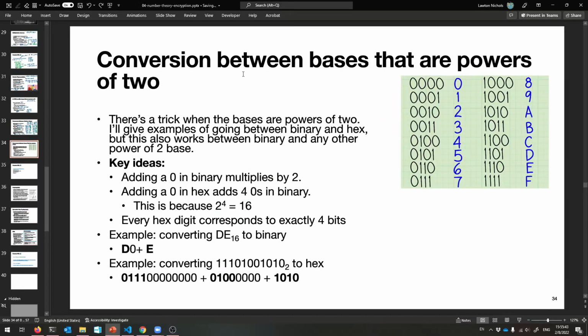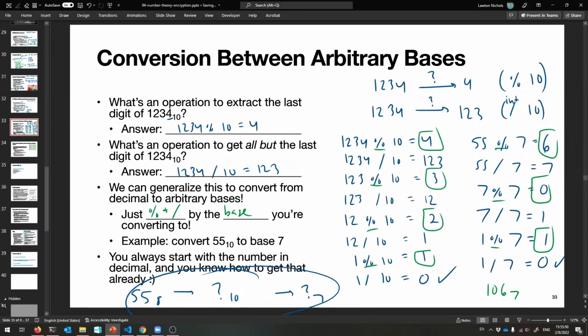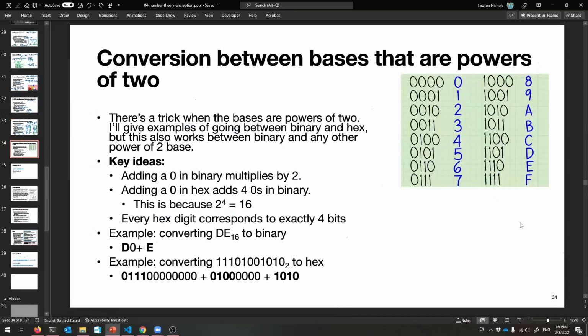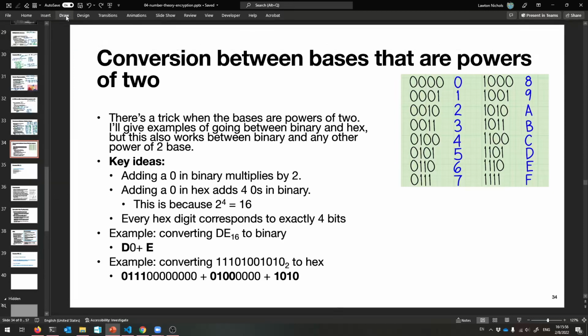And there's actually a trick if you want to convert between bases that are powers of 2. Of course, you can always do this longer process, but sometimes you don't have to. Let me show that to you. There is a trick when you are trying to convert between bases that are powers of 2, like binary to hex, hex to binary, hex to octal, all this different stuff.